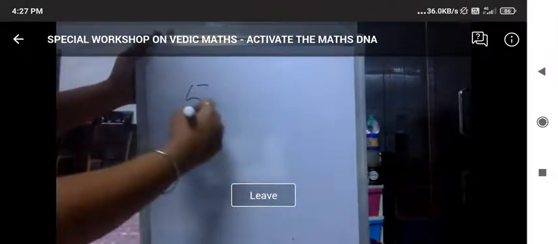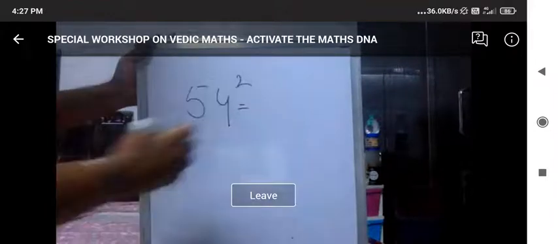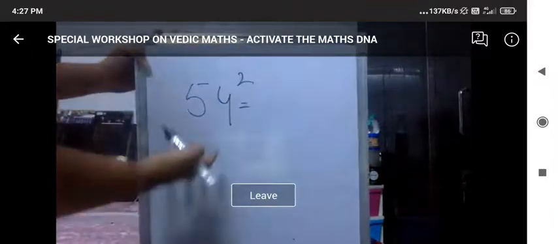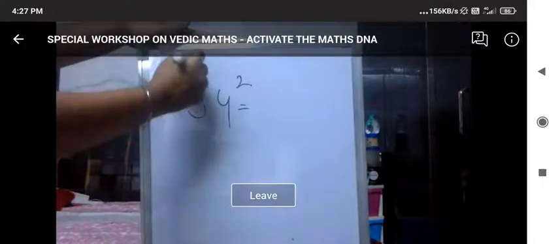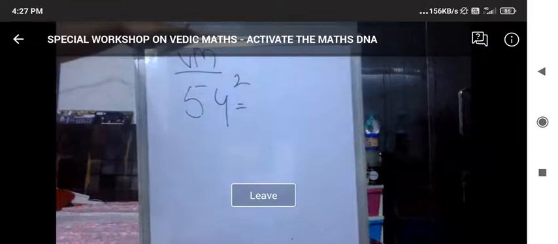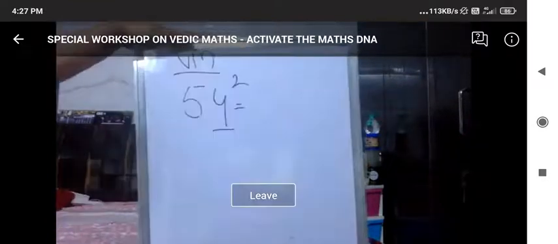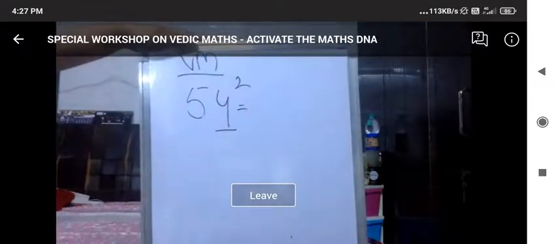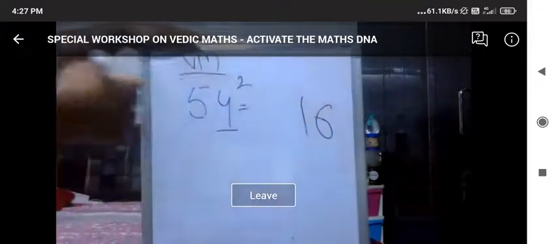To understand the concept of number starting with 5, what exactly will we do? We will do the square of 54 first. Seems to be a very easy number. 54 multiplied by 54. We'll not do that. We'll do the square directly with the help of Vedic maths. Let's see. We'll do the square of one's place value first. 4 square will give you 16, right?